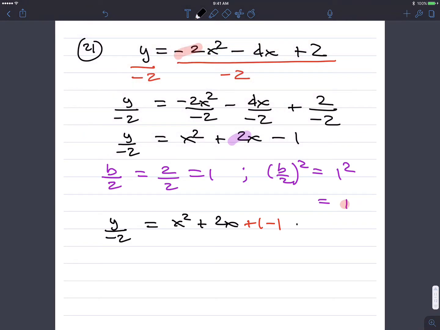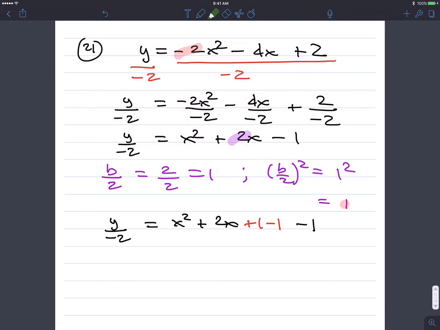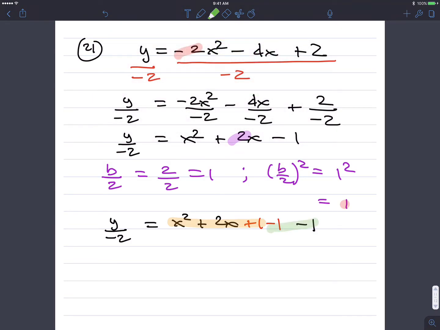And don't forget, we already had a negative 1 here. So like before, factor your perfect square trinomial for the first 3 terms, and then finally add your last 2 terms. y over negative 2 is x plus 1 squared minus 2.